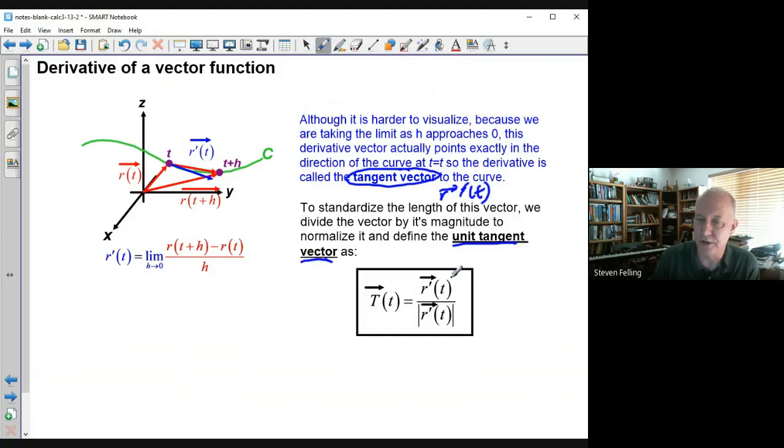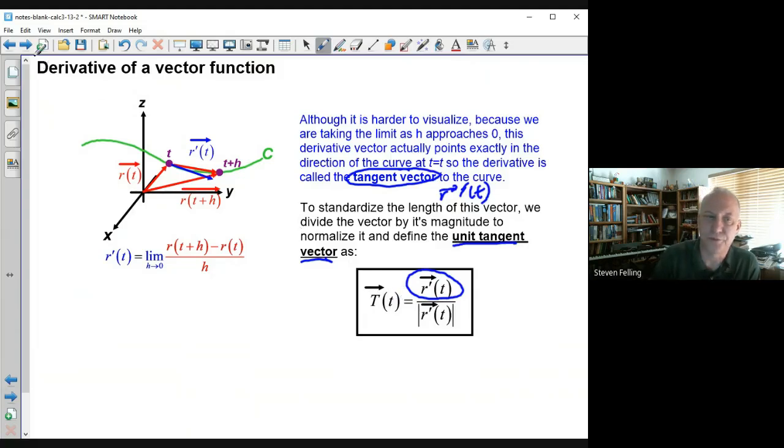So we find the tangent vector, which is our r prime vector, and then we just divide by its length to force it to be unit length. That gives us what's called the unit tangent vector, which is typically written with a capital T to separate it from the parameter t.